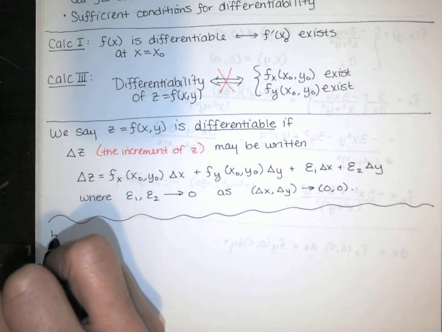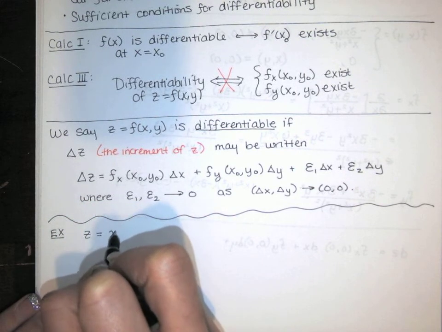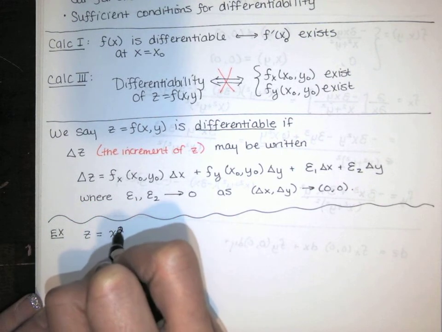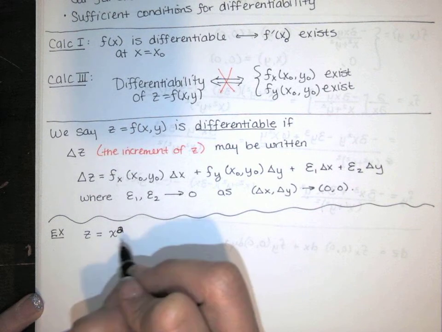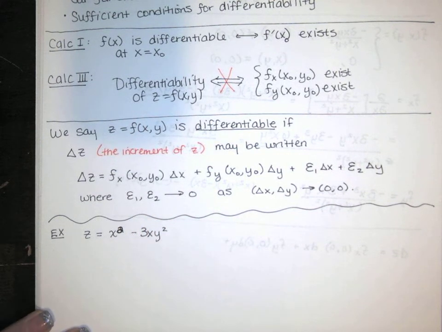So let's say our function is z equals x cubed. Now let's just do x squared, make it a little easier on ourselves. x squared minus 3x times y squared. So that's our function of two variables.